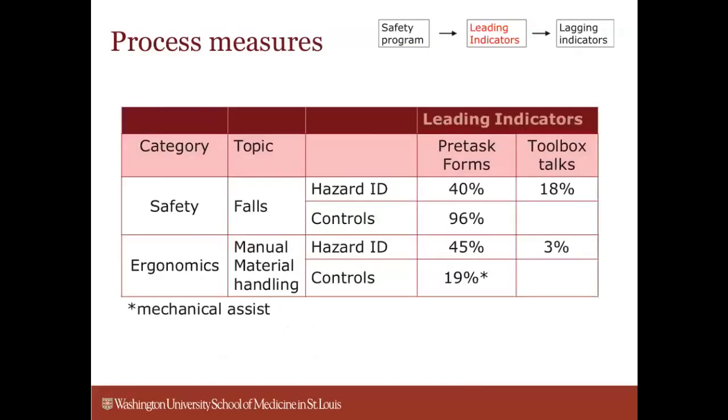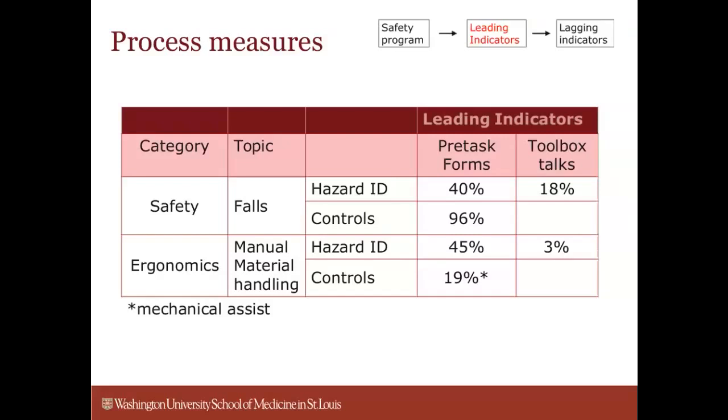The second area that we looked at were leading indicators, and this general contractor looked at their pre-task forms, how many of the daily forms completed by the specialty contractor included information related to safety or ergonomics. For safety, we looked at the topic of falls, and that's what I'm presenting today. 40% of the pre-task forms identified falls as a hazard in their daily job, and 96% of those hazards included adequate controls.